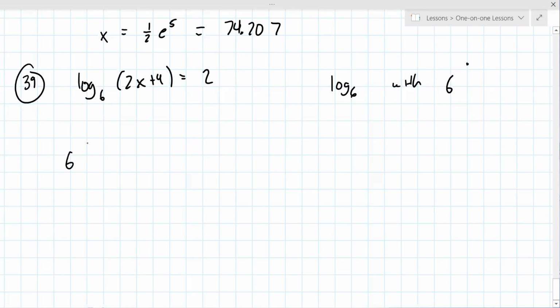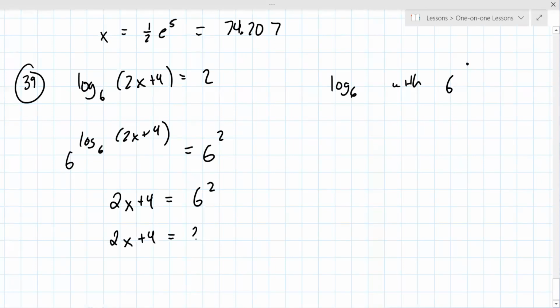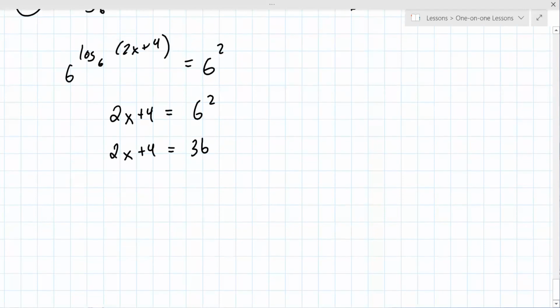So it's 6 to the log base 6 of 2x plus 4 equals 6 to the 2. Because it's base 6, not ln, you use that number. When it's ln, you use e. So on the left, this just undoes it. It's 2x plus 4 equals 6 squared, which we know is 36. Subtract 4, 2x equals 32, x equals 16.